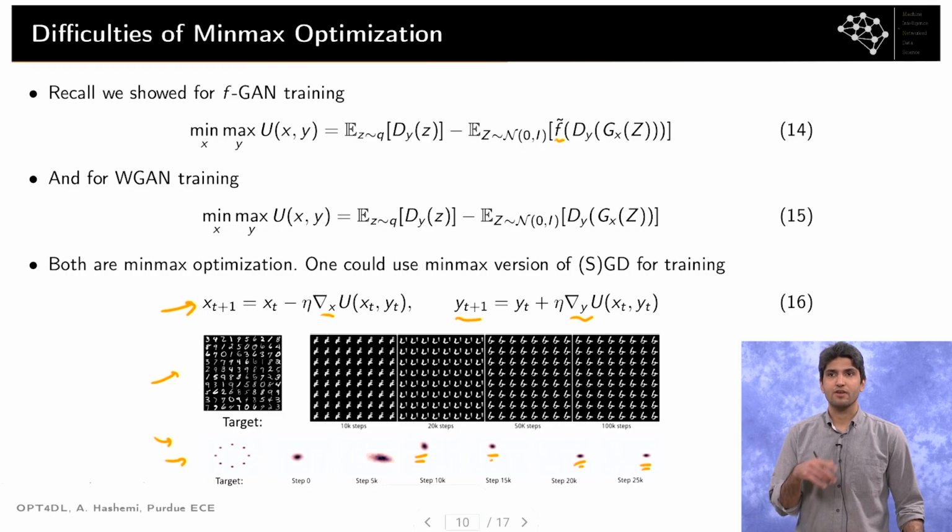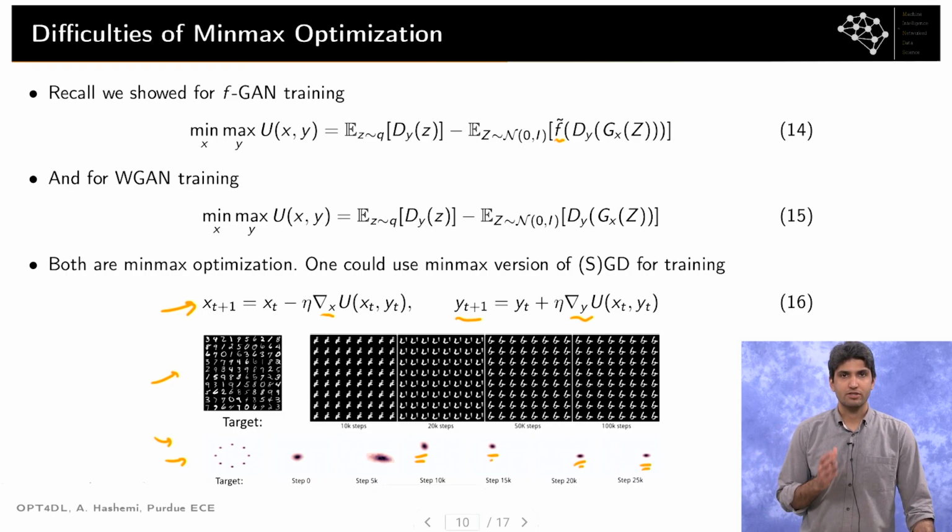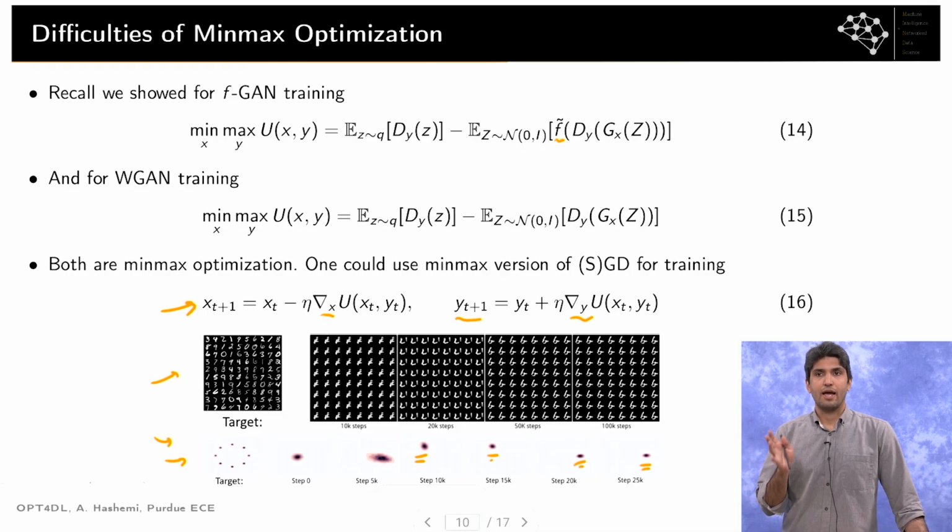So, again, it is not able to capture the underlying distribution. It captures different components, but not at the same time. So therefore, again, the samples that we are generating are not necessarily samples that represent the underlying distribution that we want to learn. Okay. So again, this can be associated with the fact that it is not easy to reach the equilibrium and have the best generator that fools the discriminator.